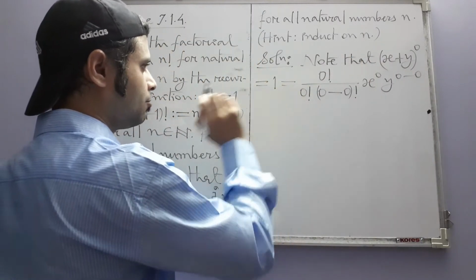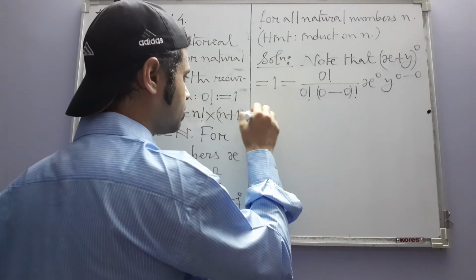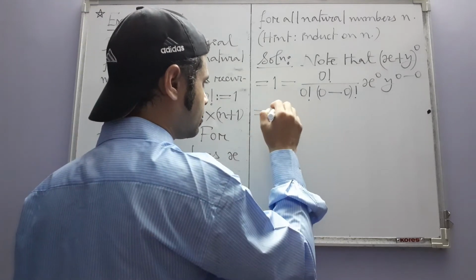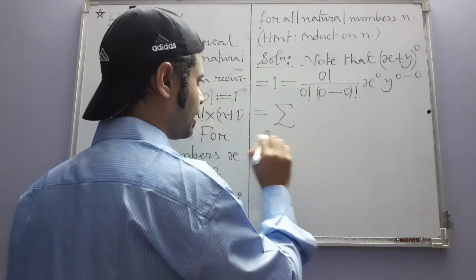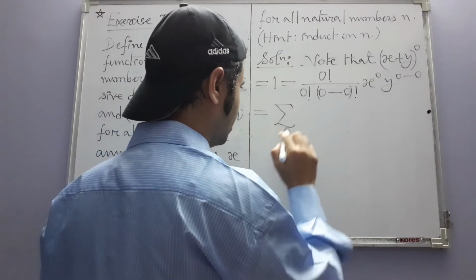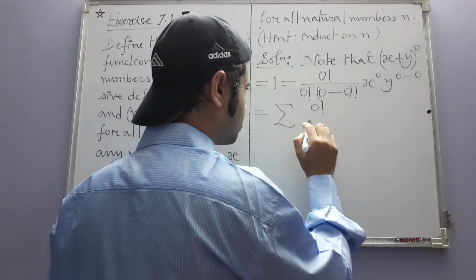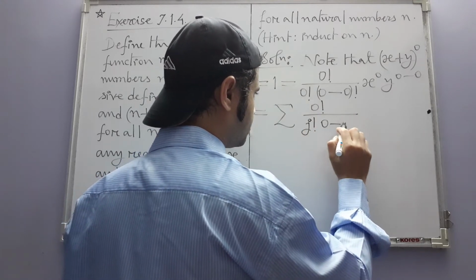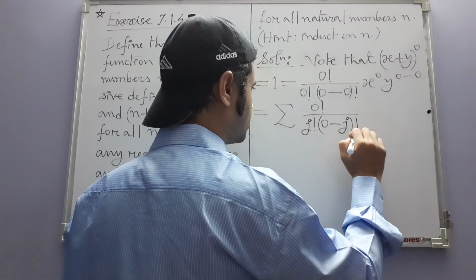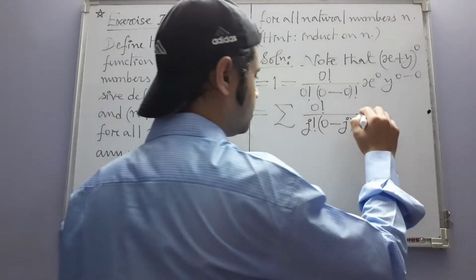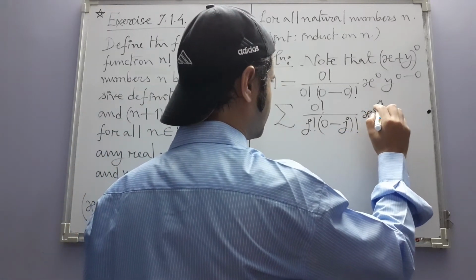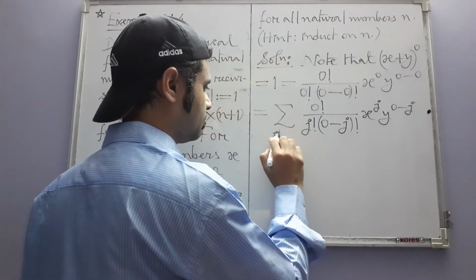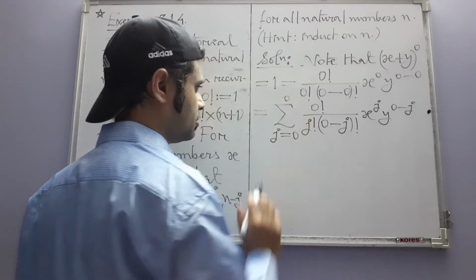Okay, so we have written one like this. Now, using elementary properties of finite series, note that this thing actually equals this finite series value: 0 factorial divided by j factorial times (0 minus j) factorial, multiplied by x to the power j times y to the power 0 minus j, where j varies from 0 to 0.